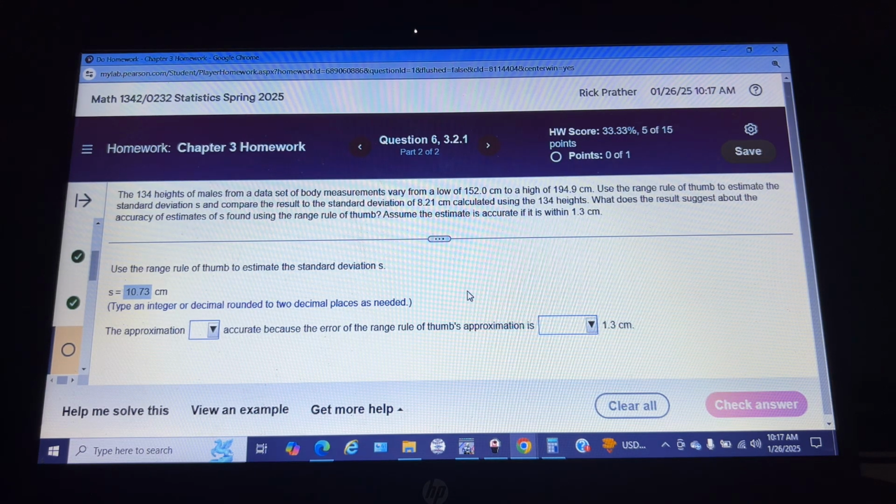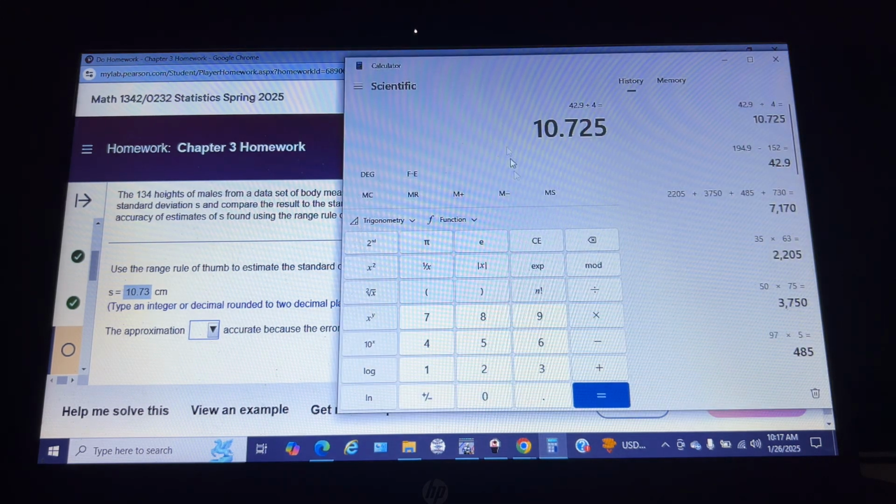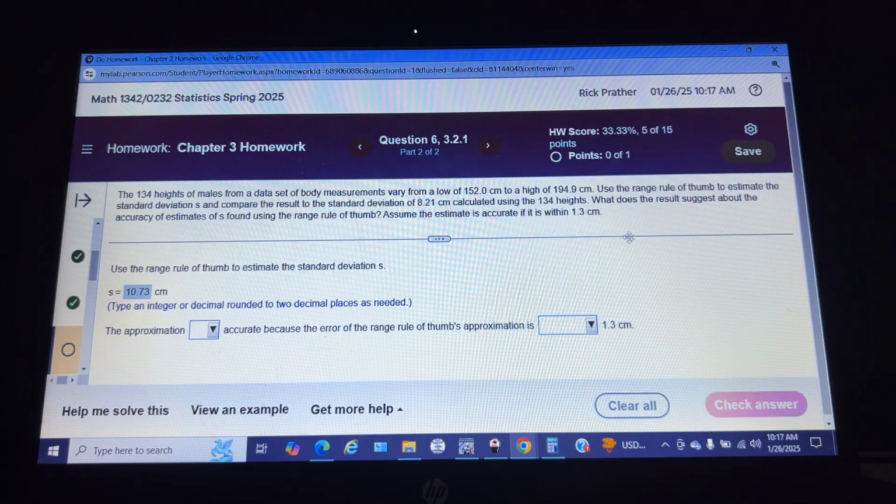So we're off a little bit. We got 10 point something, 10.7, and it's actually 8.2. What does the result suggest about the accuracy? Assume estimate is accurate if it's within 1.3 centimeters. See, this is not within 1.3. It's off by more than 2. 10.7 minus 8.2. It's more than 2 centimeters away, and you have to be within 1.3 to say it's pretty accurate.